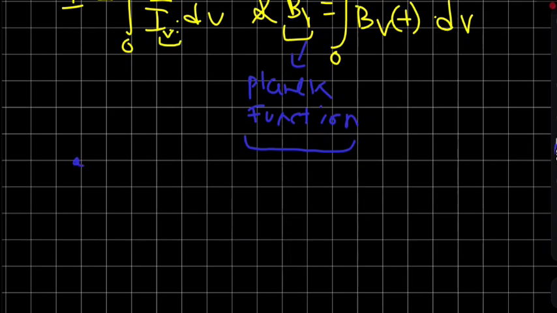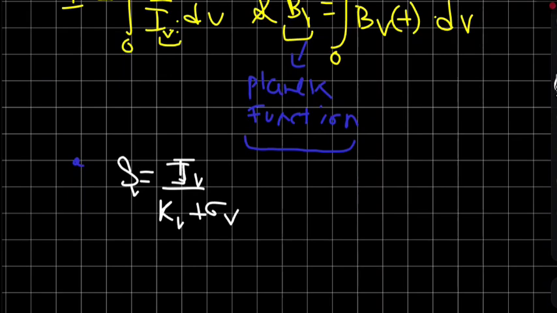So let me tell you about that. The source function is defined as the emission coefficient divided by the absorption coefficient plus the scattering coefficient. This is how we define the source function. It is just the ratio of the emission coefficient to the scattering coefficient plus the absorption coefficient.